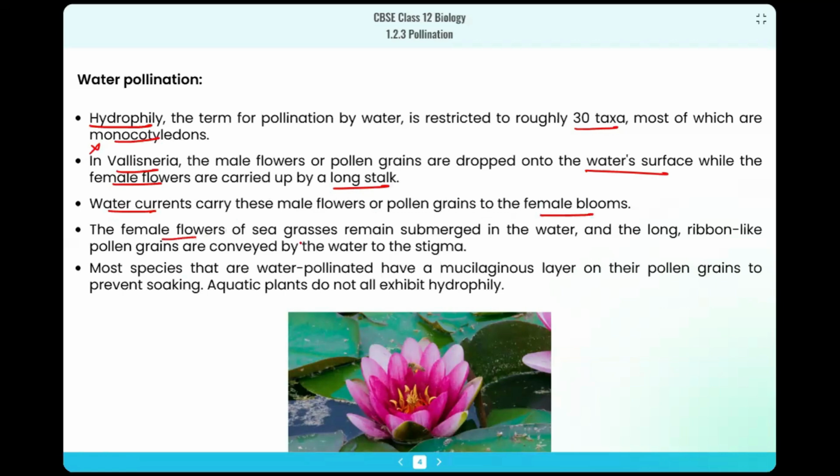The female flowers of sea grasses remain submerged in water, and the long ribbon-like pollen grains are conveyed by the water to the stigma. So, this is about the female flowers of the sea grasses, which remain submerged in the water. And the species that are water pollinated have a mucilaginous layer on their pollen grains to prevent soaking. So this means they will not get soaked by the water. So aquatic plants do not all exhibit hydrophily.